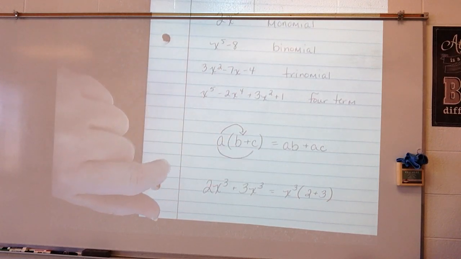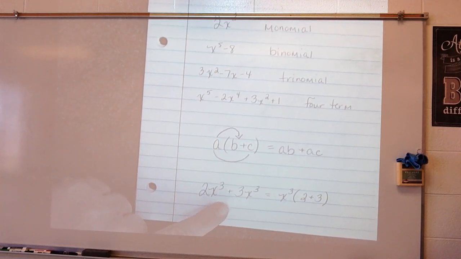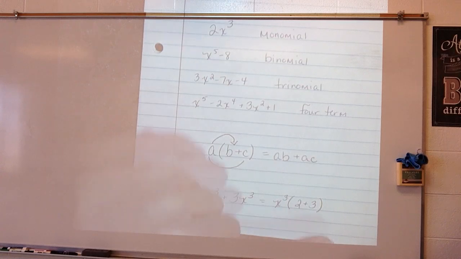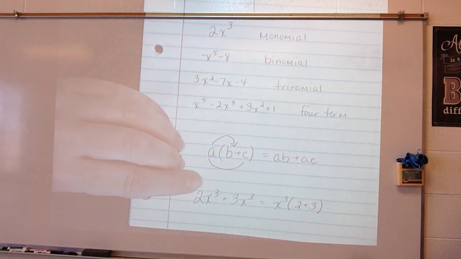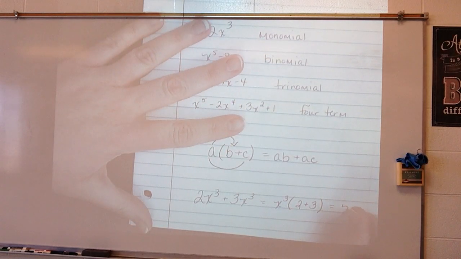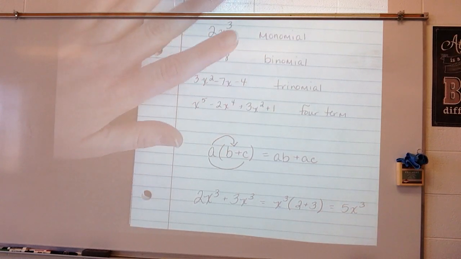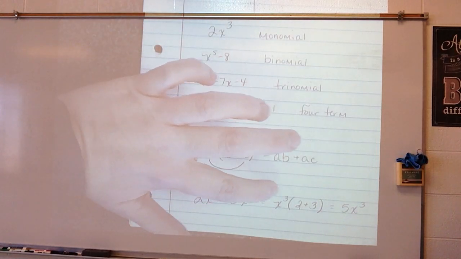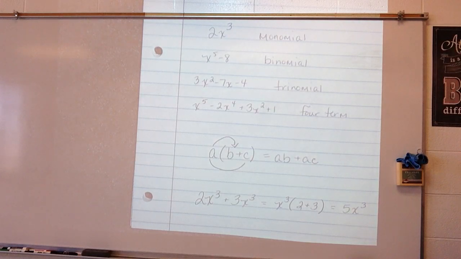Because they both have an x cubed, I can rewrite it, and it looks just like the distributive property. So then I would do my inside parentheses, and I get 5, and 5 times x cubed is 5x cubed. Notice that my exponent did not change. So that part does not change.